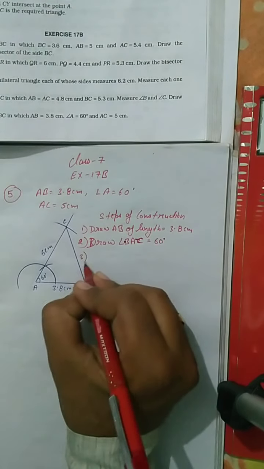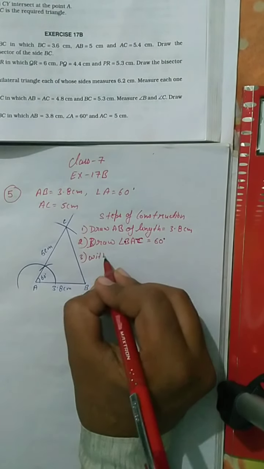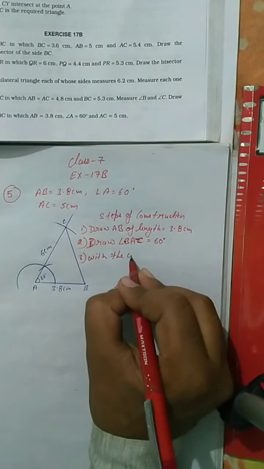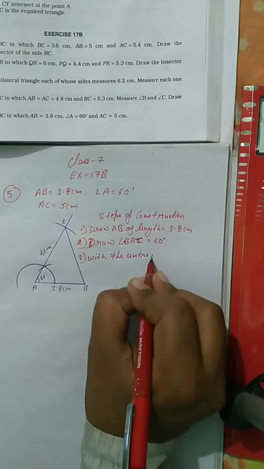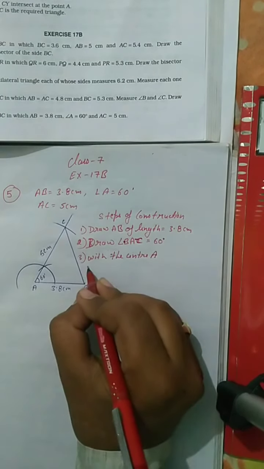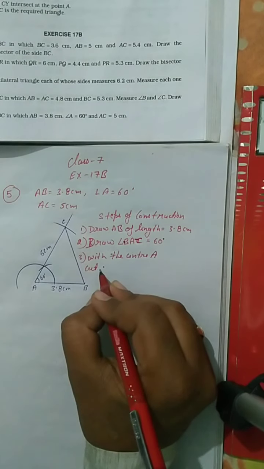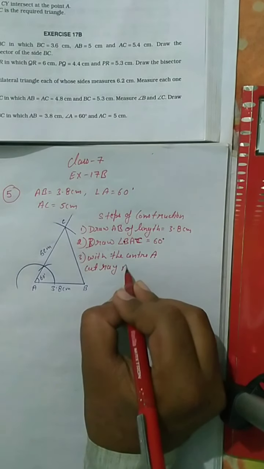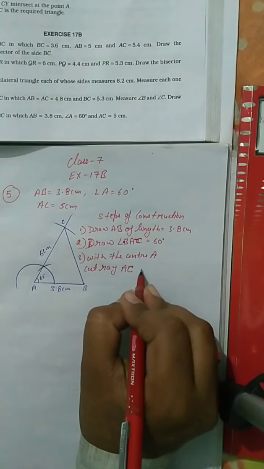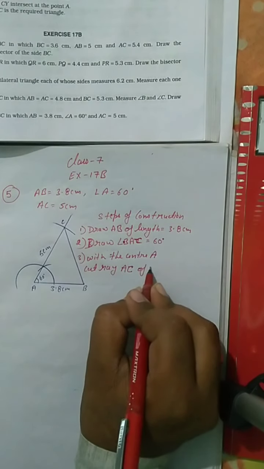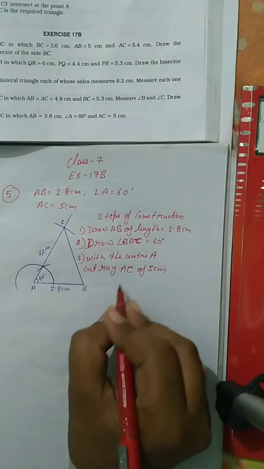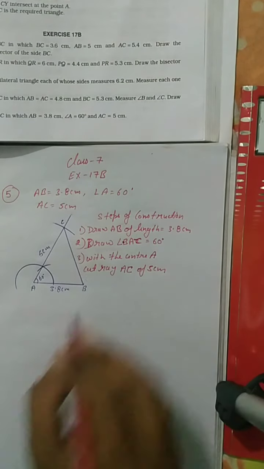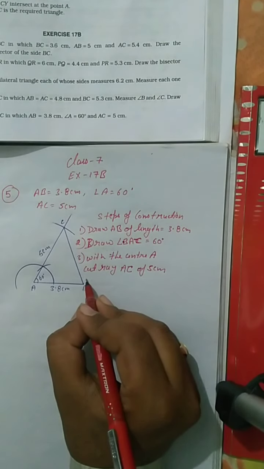Then with the center A, cut ray AC of 5 centimeter, right? Cut a ray of 5 centimeter AC.